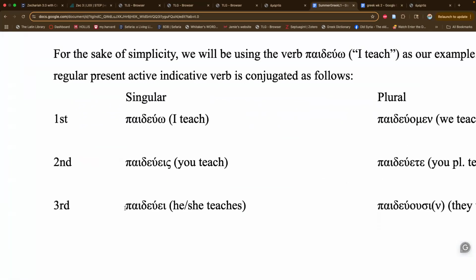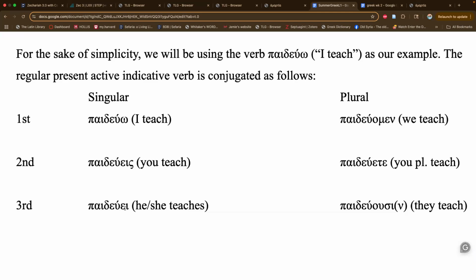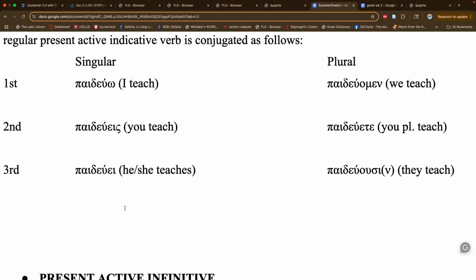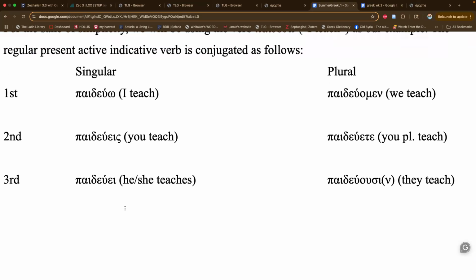Let's conjugate just out loud. Let me pick one. We'll do thelo. So we have thelo as I wish. Then as the second singular, theleis. And then what would the third singular be? Yep, so thelo, theleis, thelei.